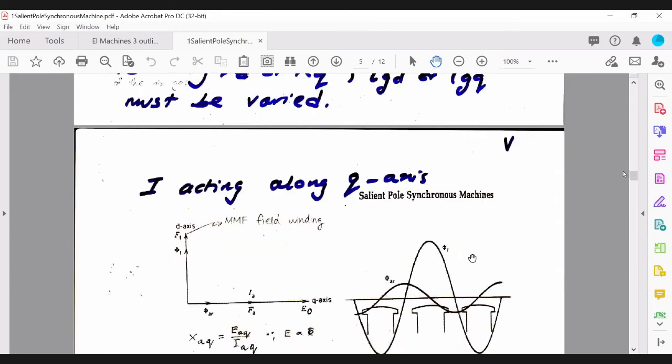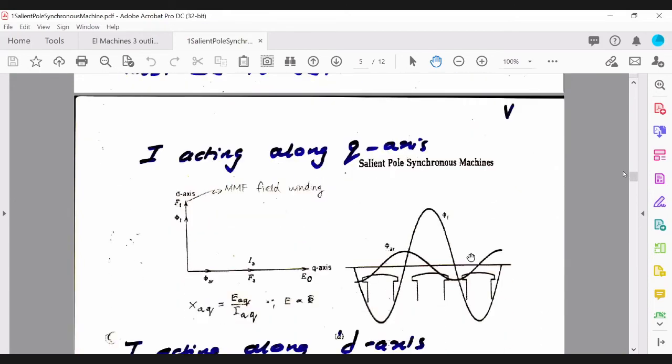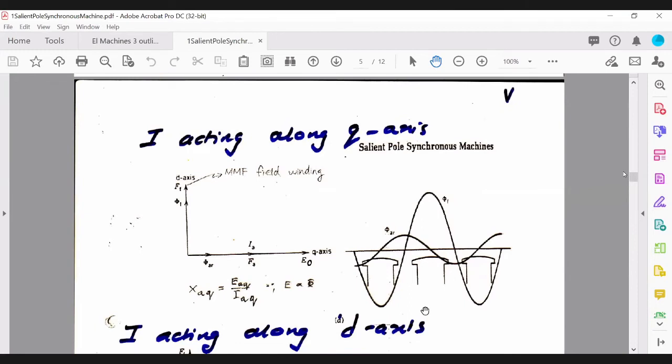Now, if you're working with a salient pole machine, the waveform of your current is sweeping across on the rotor side, and we will look at three cases, when your current phasor, your current in the stator, is acting along each of those axes.